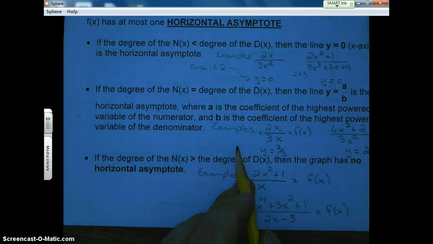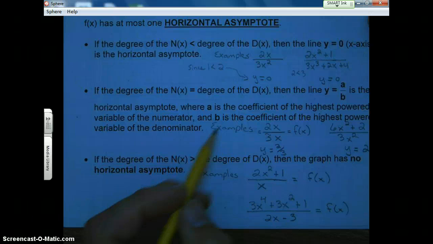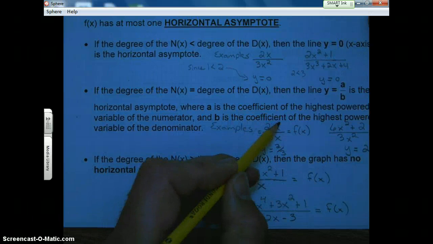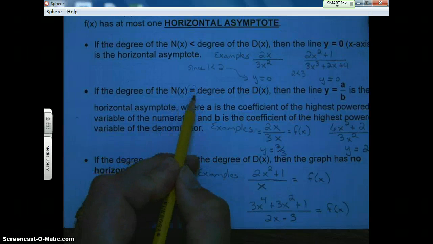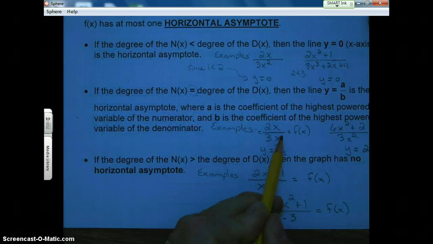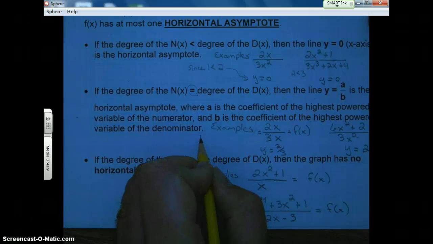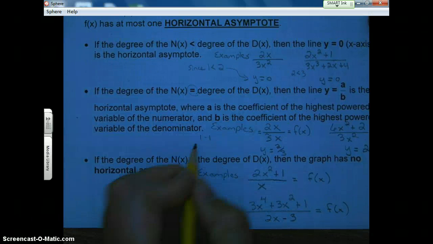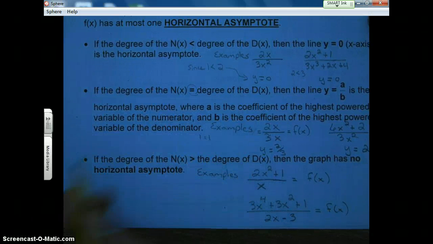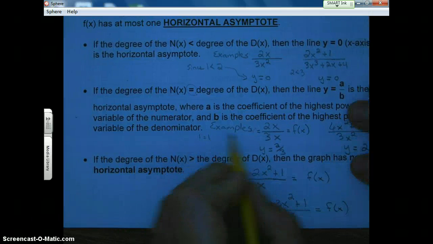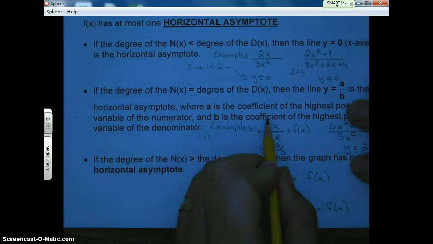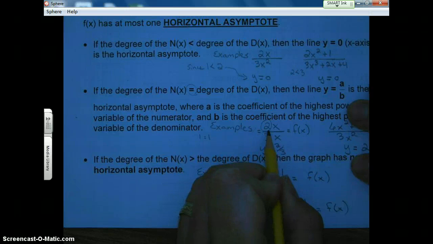So let's look at some examples. First of all, the degree of the numerator is equal to the degree of the denominator. So in this case, 1 equals 1. Since the degrees are the same, we take the coefficient on the numerator, 2.